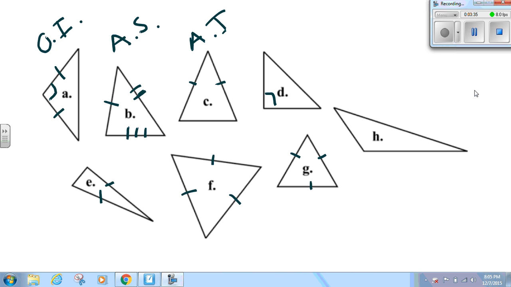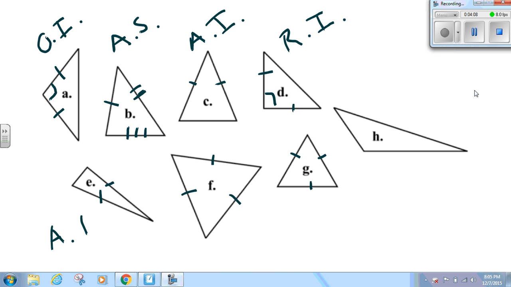D, we can see a clue there in the left-hand corner that is a right angle, and also these sides are the same, so we can say that this is a right triangle that is also isosceles. In E, down below, we see that there are 2 sides that are the same, and each of the angles are less than 90, so this would be an acute isosceles.